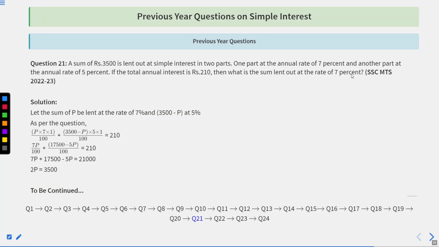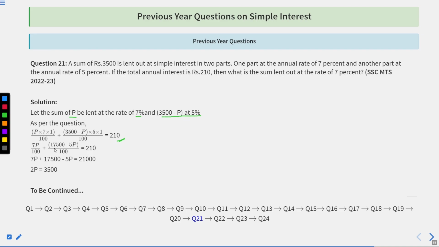So let us have a look over the solution. Let the sum P be lent out at the rate of 7% and 3,500 minus P lent out at 5%. So as per the question, P times 7 times 1 upon 100 plus (3,500 minus P) times 5 into 1 upon 100 is equal to 210.